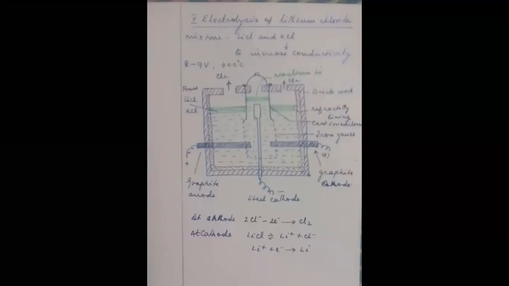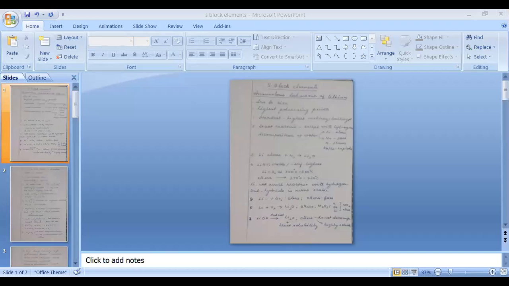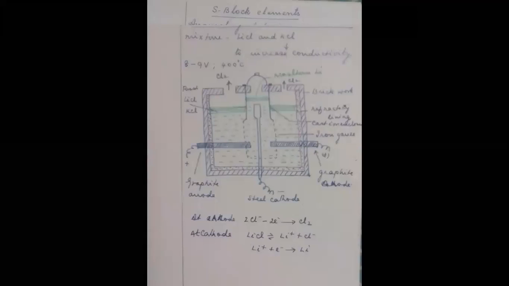Normally the voltage applied in this electrolytic cell is 8 to 9 volt, and the temperature is maintained at 400 degrees centigrade. You can very easily look at the structure. The outer layer is brickwork. Inner layer is a refractory lining.